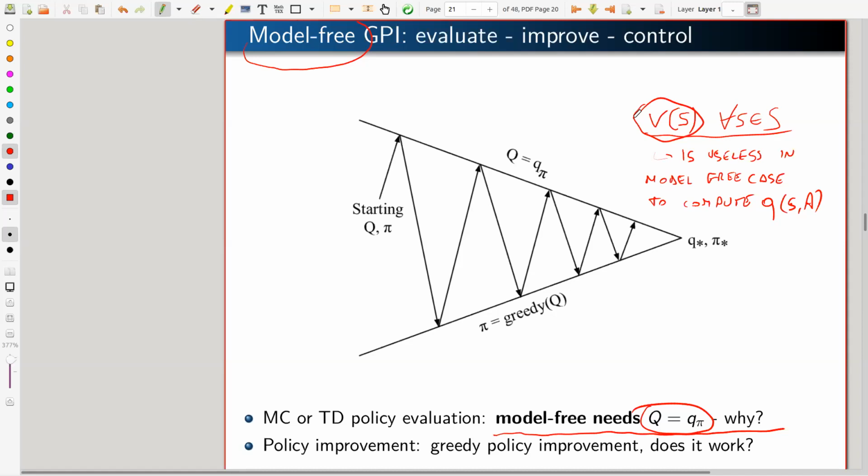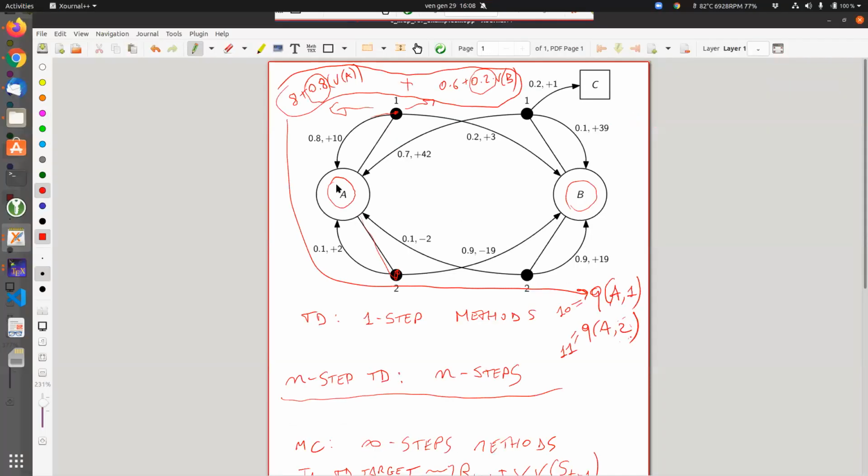Yes, but I'm also telling you that all the things we have said for the state S hold in the exact same way, without any modification, for the Q value. Simply, when you do an episode for the Monte Carlo methods, instead of estimating the value of A, you want to estimate the value of A and action 1, you just start from here.